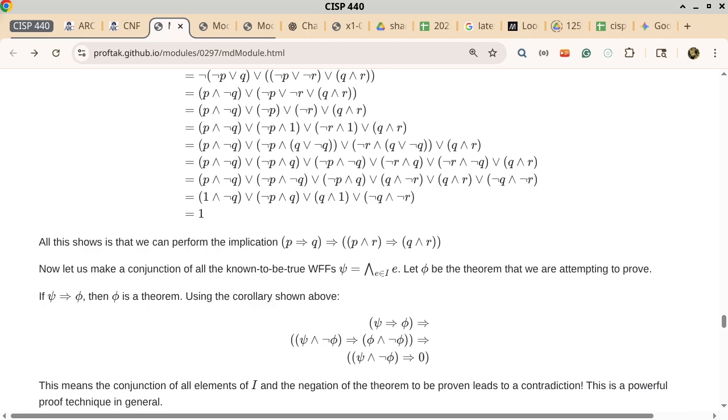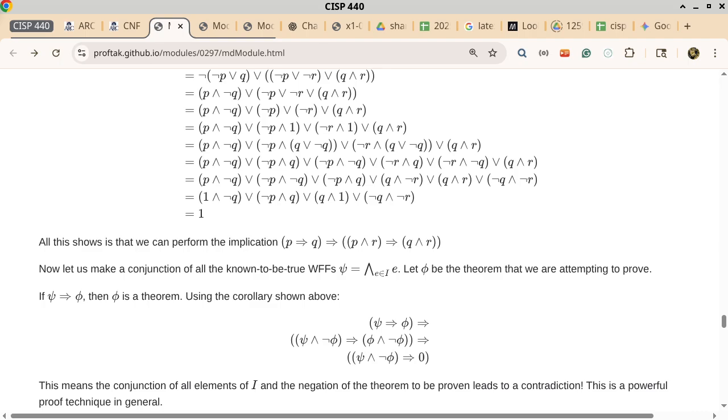So now the question is, what exactly is psi? We roll back a little bit here. We take everything in iota, make a gigantic conjunction out of it, and call that our psi. In other words, psi is a conjunction of every element in iota.